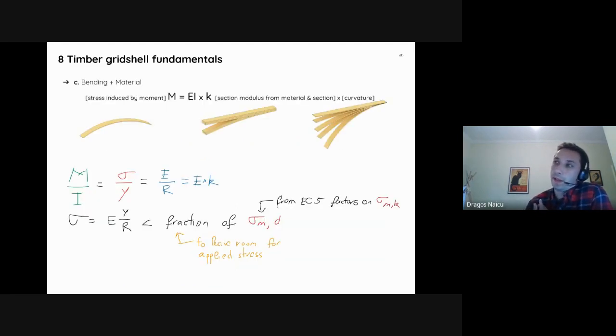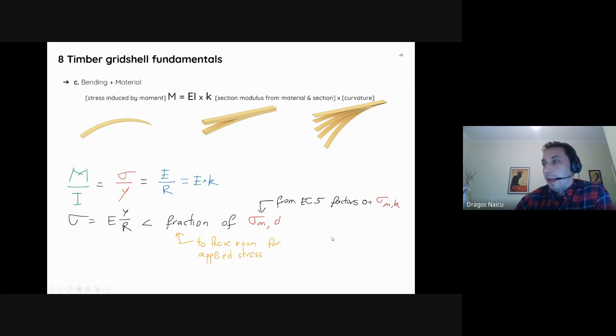Then we have the bending, so we need to be aware of the surface and therefore the curvatures, because those curvatures induce bending into our timber, and we need to know that there is capacity for that bending and it won't break. Using the simple bending equations, you can get a pretty rough estimate of the stress in the material, being a function of Young's modulus, the height of the section, and the radius of curvature.